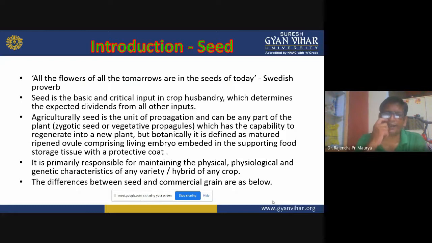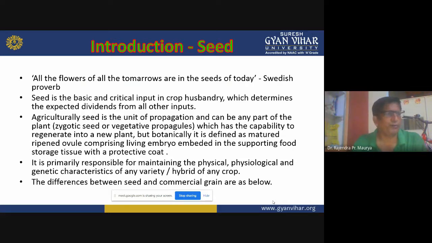So either you are using the seed or you are using any vegetative part of a plant, from which you can multiply and increase the number of plants, which has the capability to generate into a new plant. For example, you take a piece of stem and from the piece of stem you can generate a new plant. Or you take a leaf or leaf segments and develop a new plant. So these are the vegetative propagules.